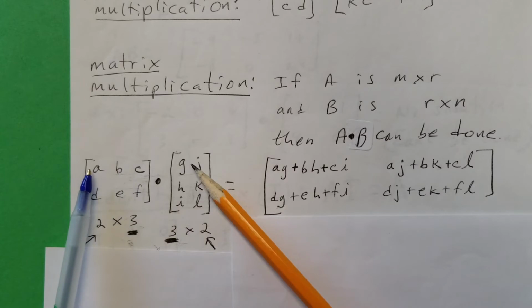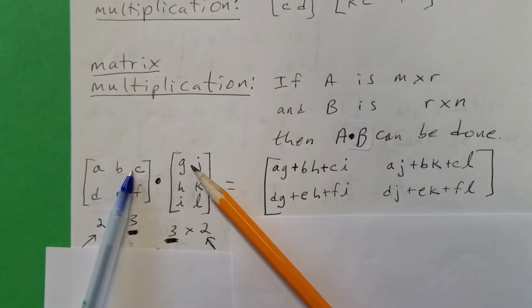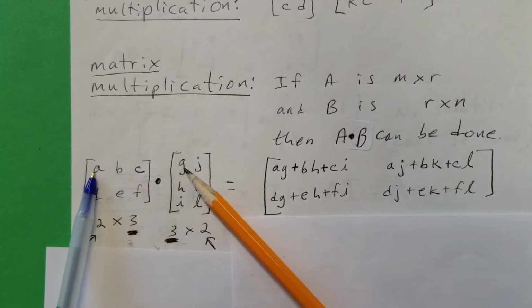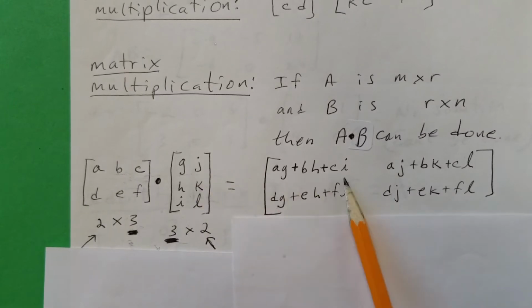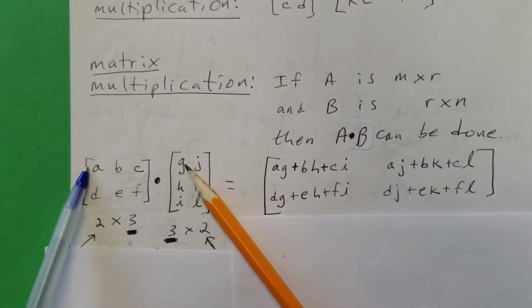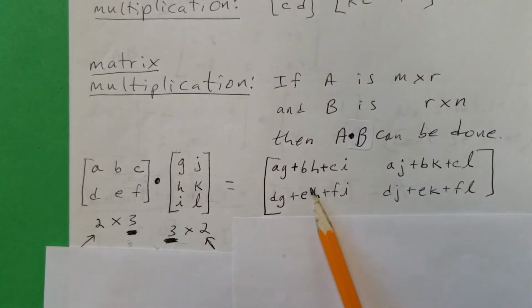One more time. This goes across, this goes down. So the first row, first column. Multiply, multiply, multiply, add the answers. That's what this says. AG, BH, CI. And then add the answers.